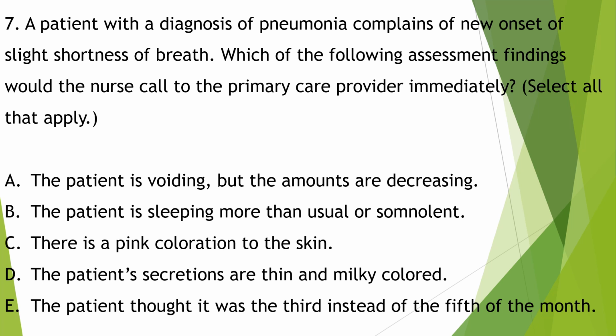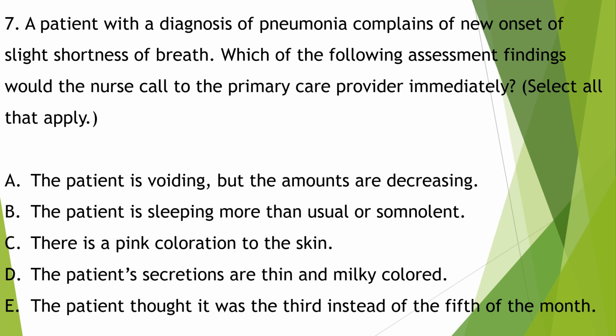So here the patient was diagnosed with pneumonia and now has started with slight shortness of breath. When you are assessing, what all things will you find out so that you can inform the provider? When the patient is going into respiratory failure, at that time the patient will have decreased level of consciousness or somnolence, and also when the carbon dioxide level is increasing, the patient may have a pink skin coloration and also lethargy.